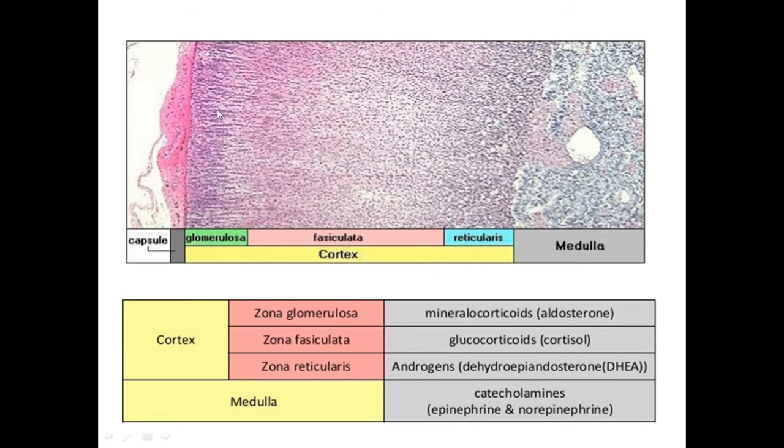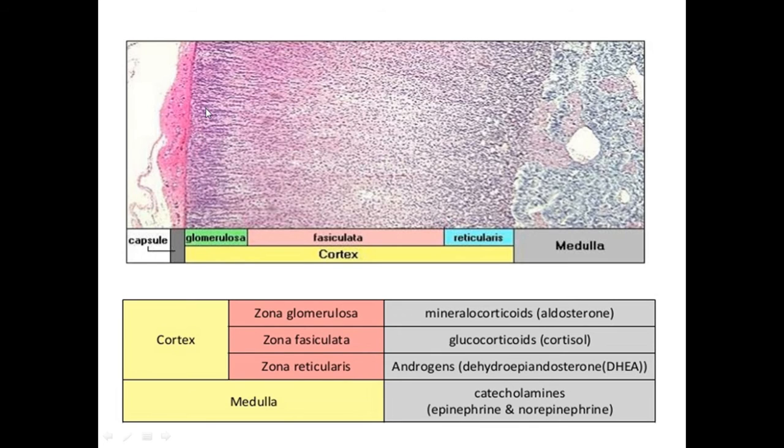Now first of all, the outermost zona glomerulosa. Zona glomerulosa lies just beneath the capsule, and it is composed of columnar or pyramidal cells, and these cells are arranged in clusters or curved columns. In between these there is a plexus of fenestrated capillaries.